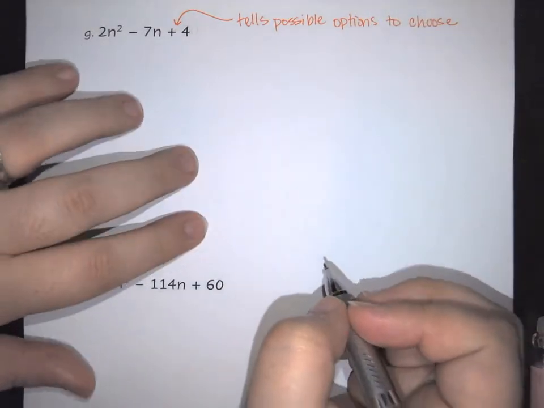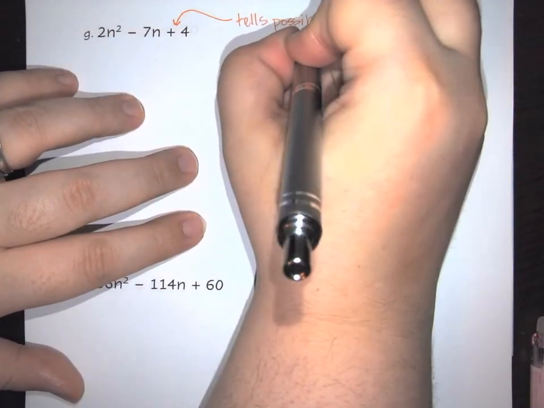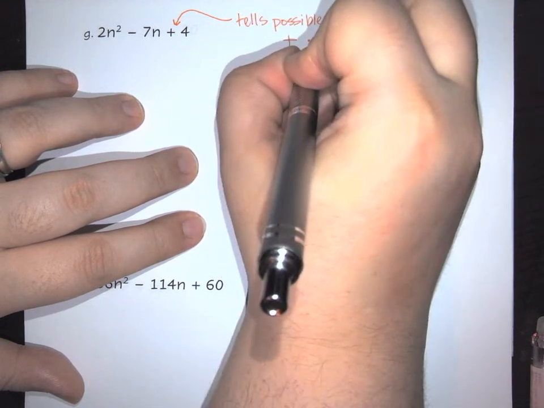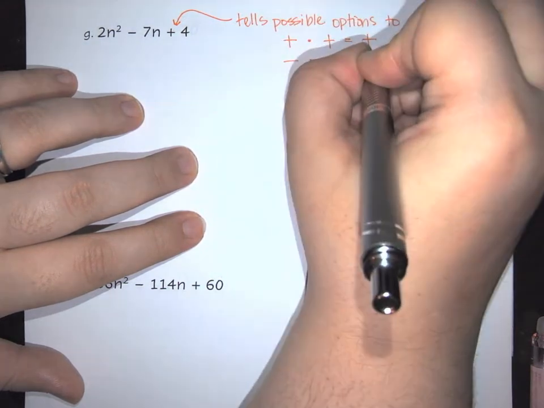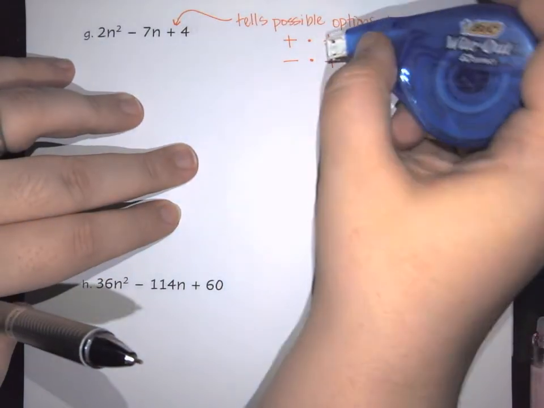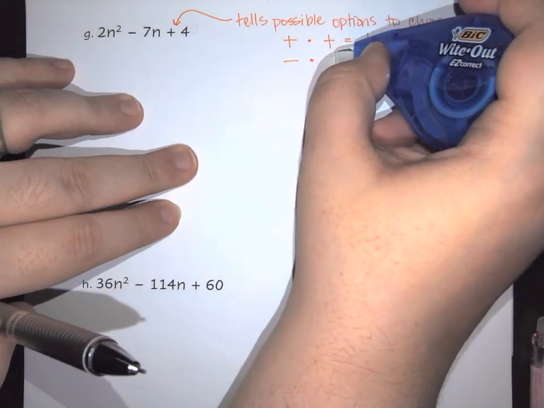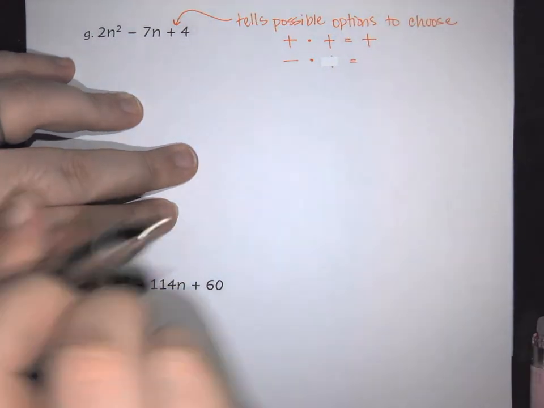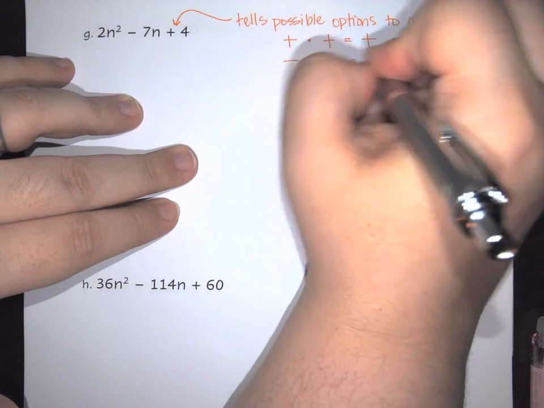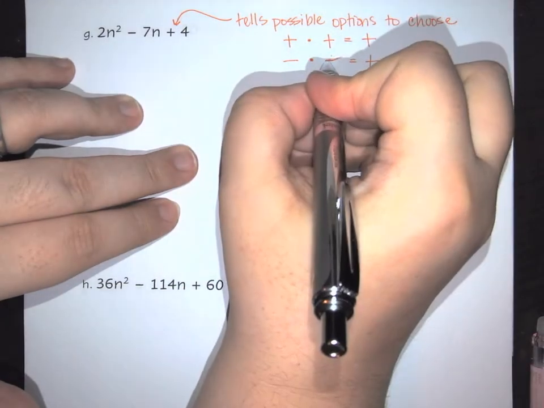And in this case, those options are going to be positive times positive is my positive, or negative times negative, which gives you a positive. So negative times negative here.